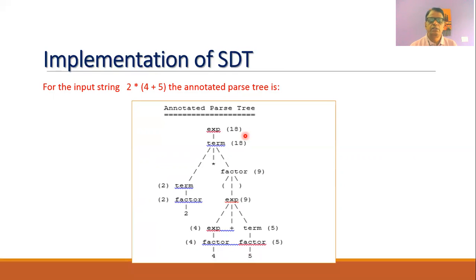So one can easily understand that when this parse tree is being constructed, at the same time the translation rules associated with the different production rules of the context-free grammar are also executed, thereby returning the value for the root. So this is nothing but the syntax directed translation scheme.